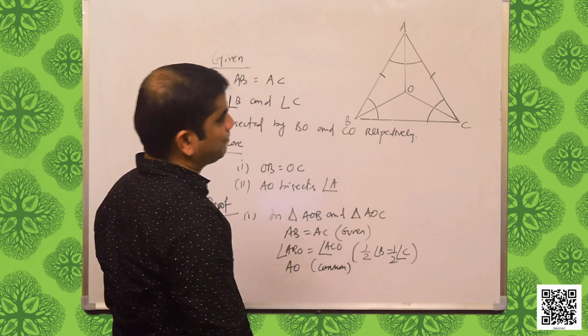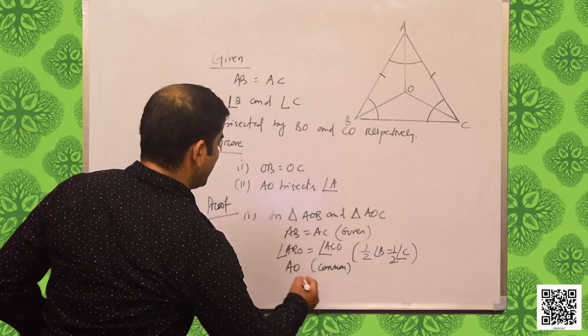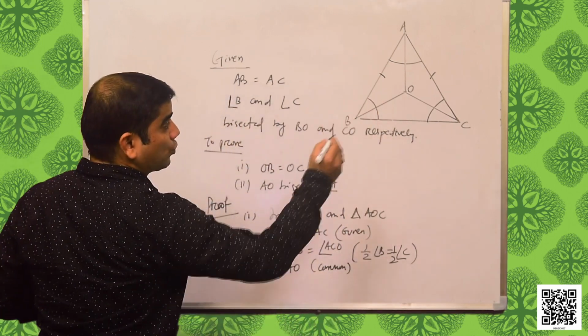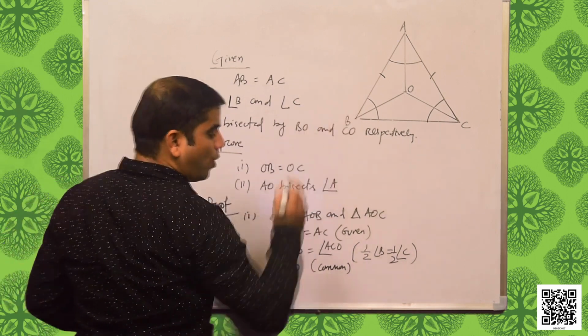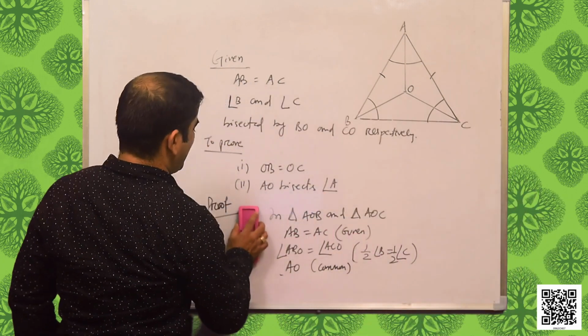But from here, we found that half of B is equal to half of C, so let us concentrate on triangle BOC.